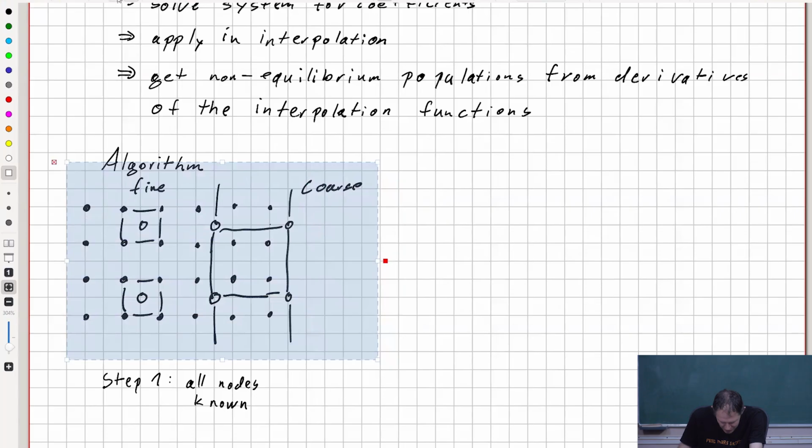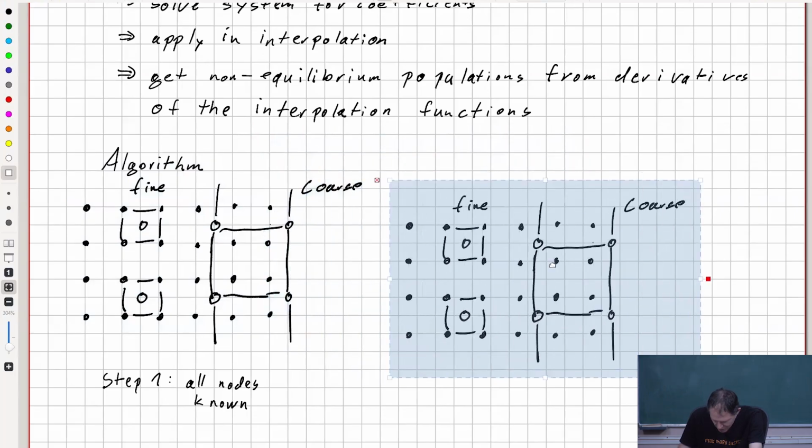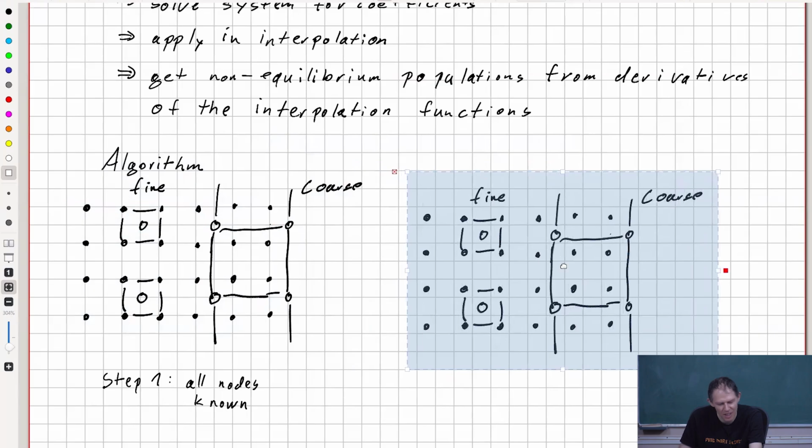I'm trying to copy this, and then I'm pasting my same grid here for the next step, for step number 2.